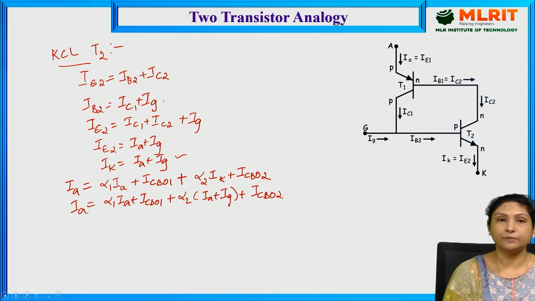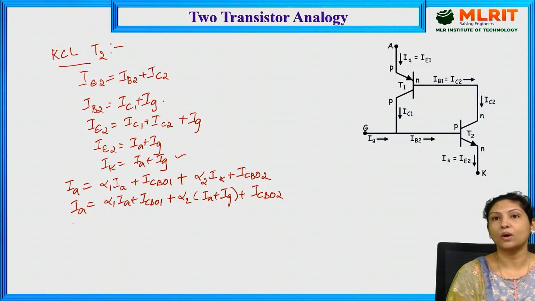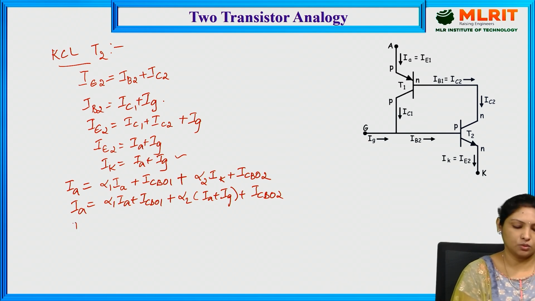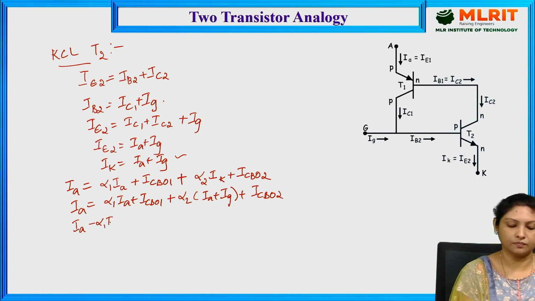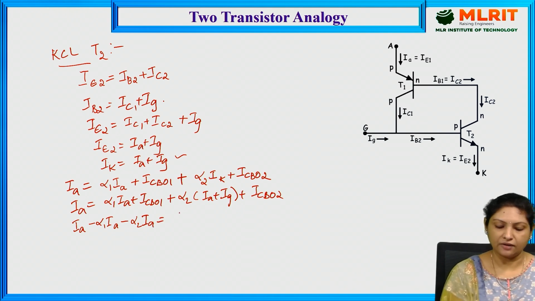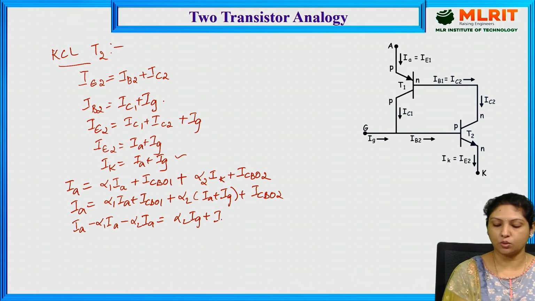And now, let me take the IA terms to the left hand side, and my aim is in order to obtain the value of IA. So here, IA minus alpha 1 IA minus alpha 2 IA is equal to alpha 2 IG plus ICB01 plus ICB02.